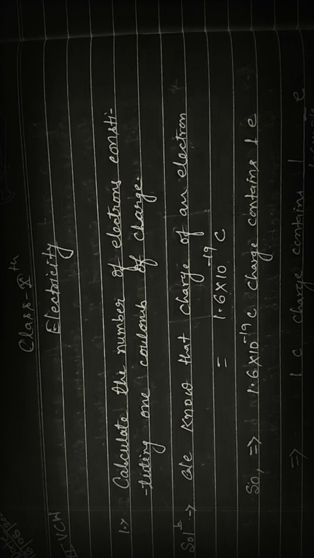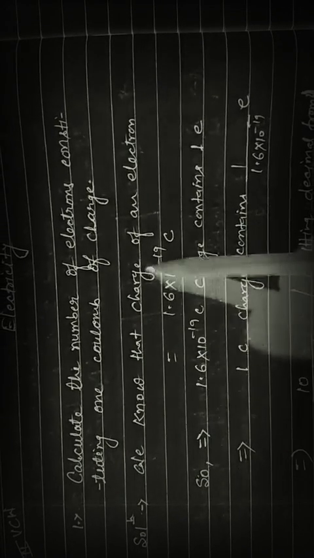In my last video we studied the formula and relationship between charge and current, and we studied that I equals Q by T. Now we have to solve one numerical that I had given you as homework. The question was: calculate the number of electrons constituting 1 coulomb of charge. We know that the charge of an electron is 1.6 into 10 to the power minus 19 coulomb.